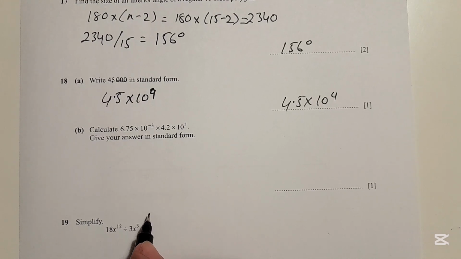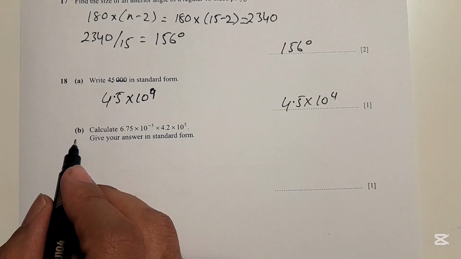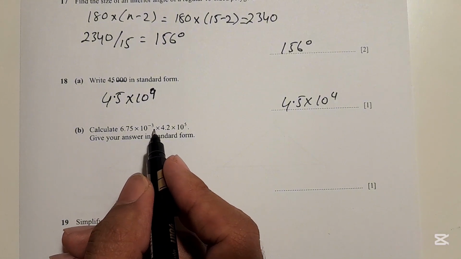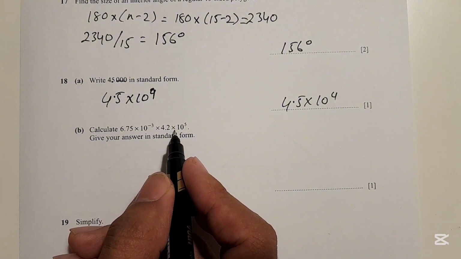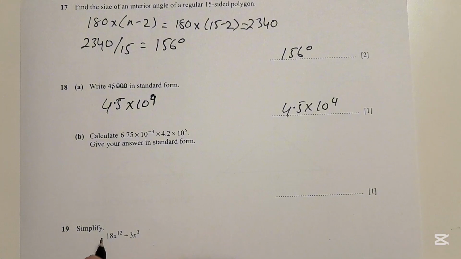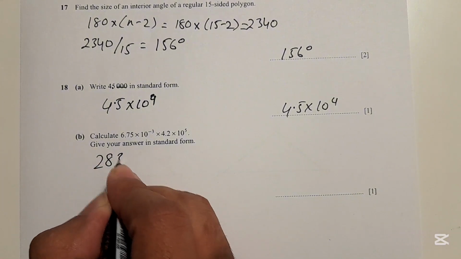Question 18 part B states calculate 6.75 times 10 to the power of -3 multiplied by 4.2 times 10 to the power of 5. So we will use the calculator to calculate the answer, and that is 2835.